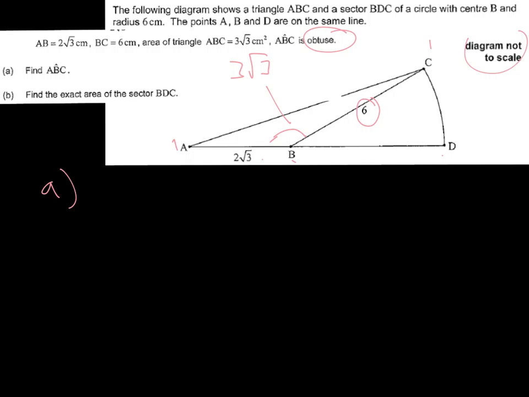So, looking at the available information in triangle ABC, we have got a side, the angle is what we're trying to find out, and we've got a side here. So we've got the side angle side, and we've also got the area, which is 3 root 3. So we should recognise that the information we've got is going to require us to use the area for a triangle using trigonometry.